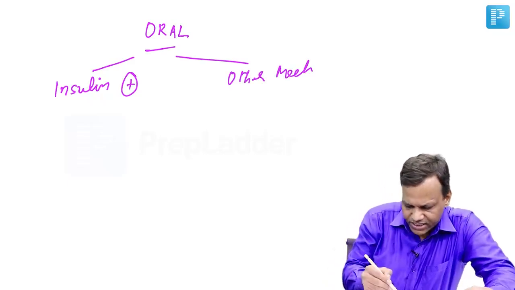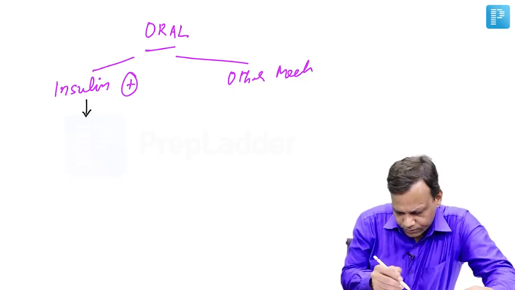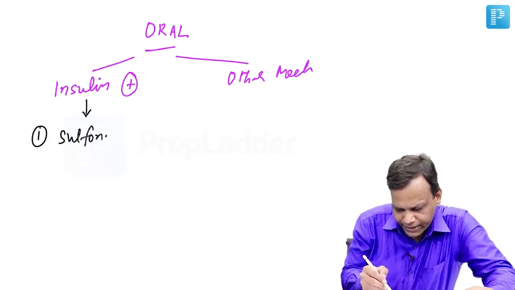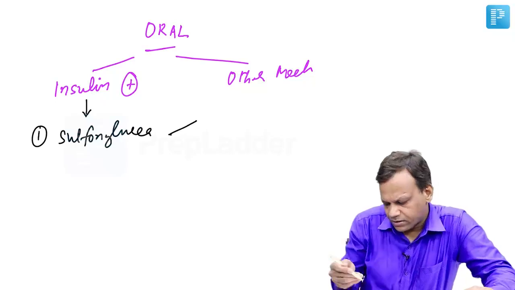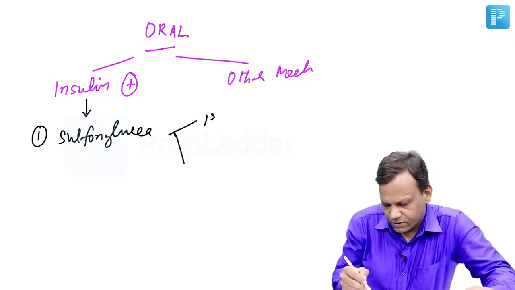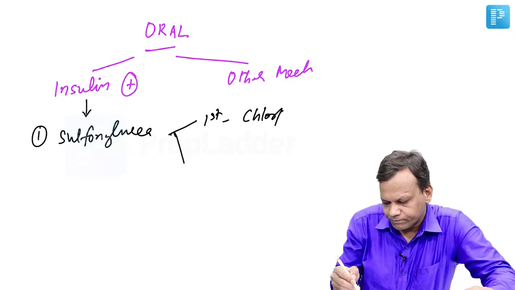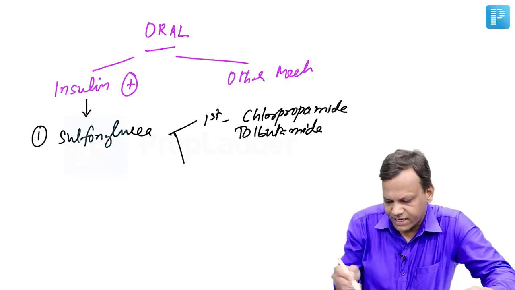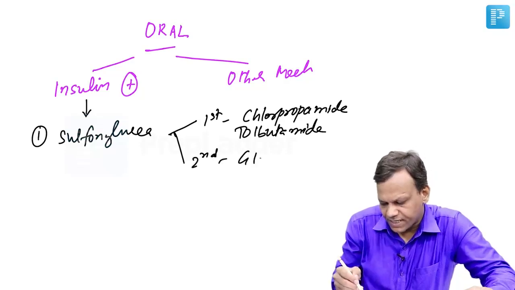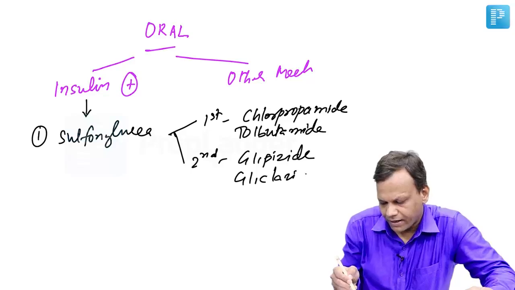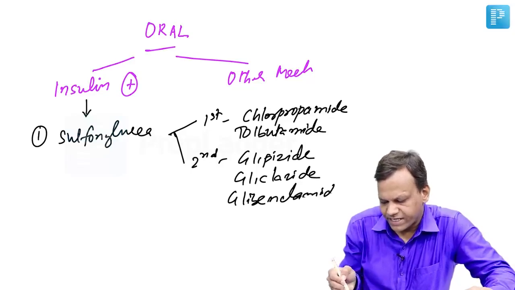The insulin secretagogues include sulfonylureas, like the first generation chlorpropamide and tolbutamide, and second generation drugs like glipizide, gliclazide, glibenclamide, the drugs whose name starts with gli.